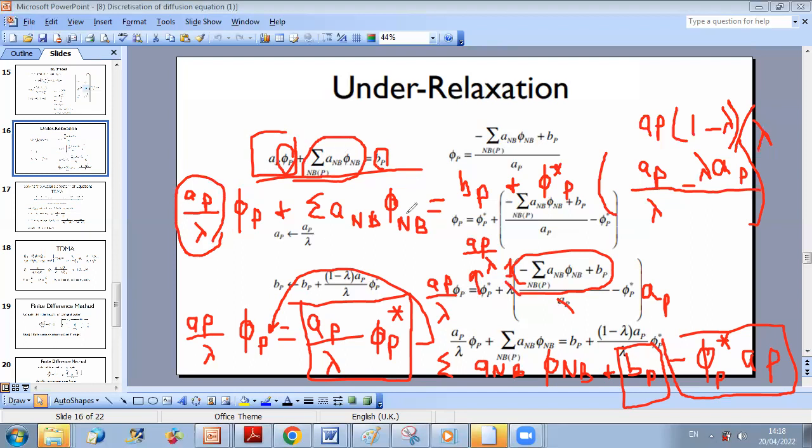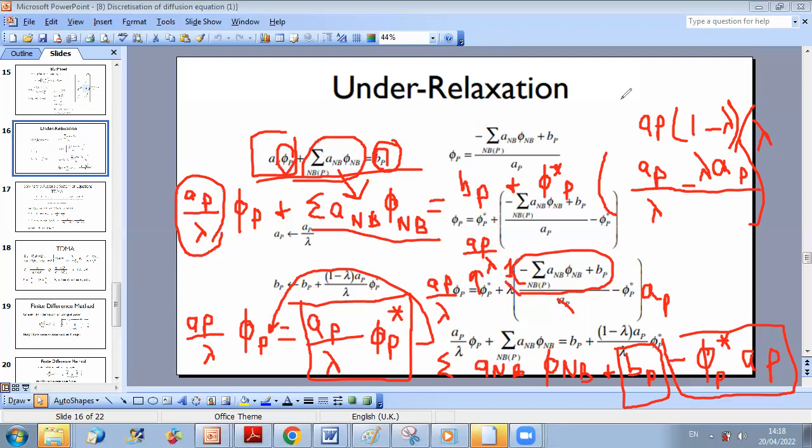Now, for phi neighbors, it's the same expression. So plus coefficients A neighbors, phi neighbors, this term is not affected, equals to the constant term, which will be affected. And instead of BP, you now have BP plus phi old times AP minus lambda AP over lambda.